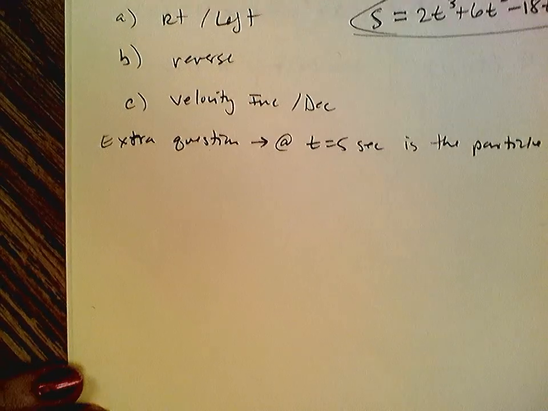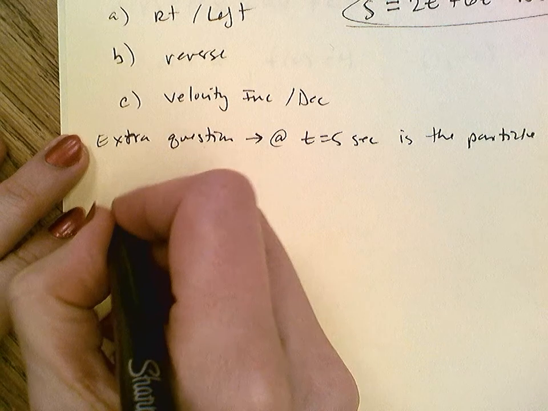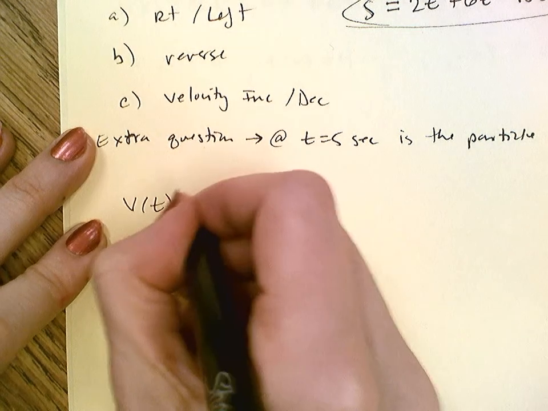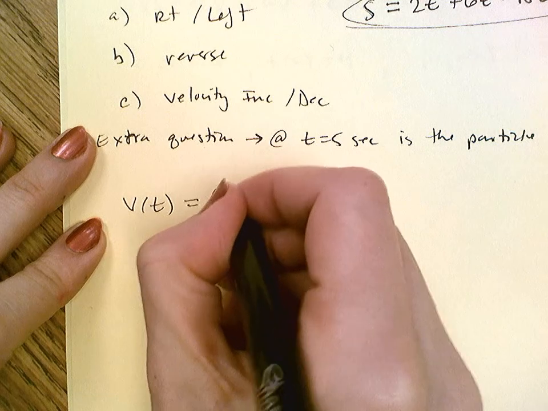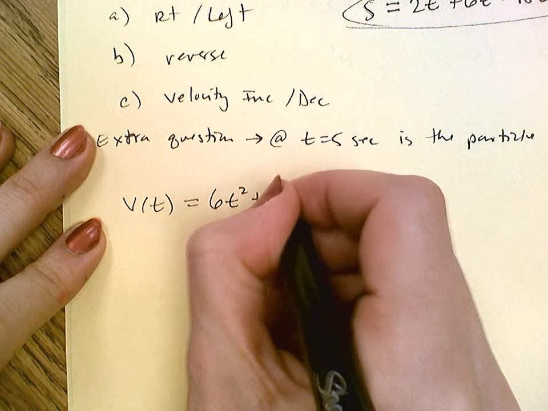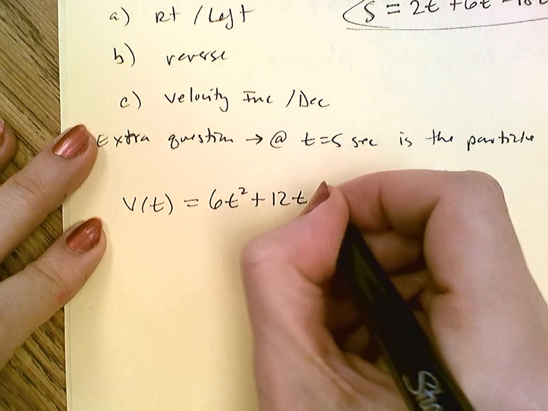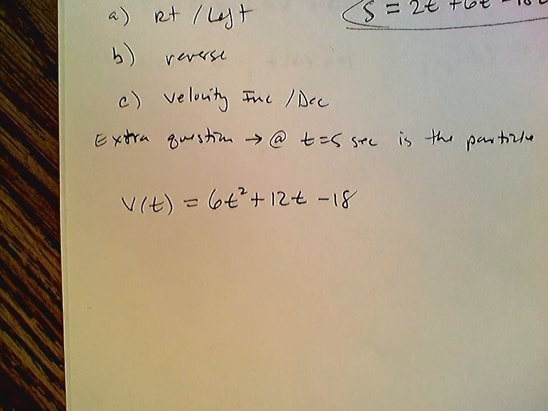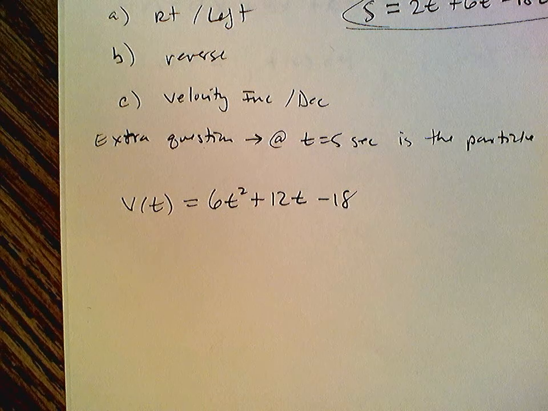And velocity is the first derivative, so I have to take that. So the velocity function, velocity at any time t, is 6t squared plus 12t minus 18. And to figure out where velocity is positive or negative, you've got to use a number line.